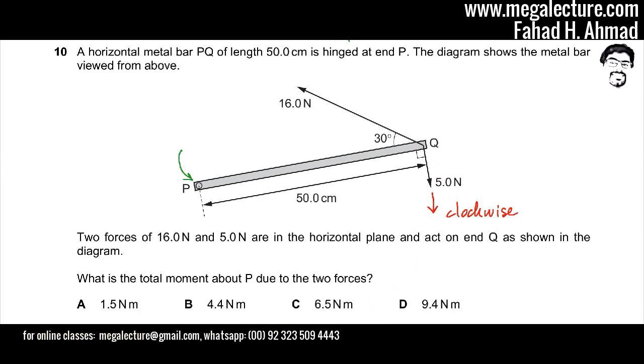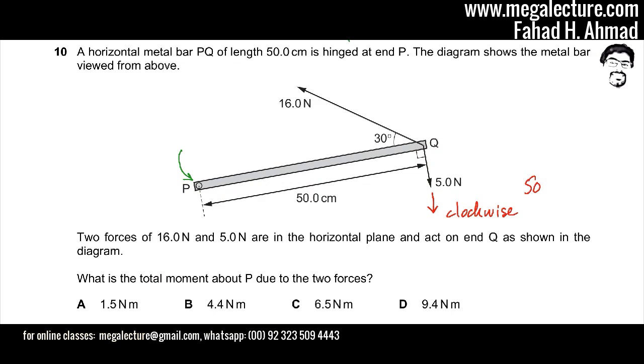And the moment is going to be the perpendicular force times the perpendicular distance from the force. It's going to be 5 Newton force into 50 centimeters, and 50 centimeters should be converted because, as you can see, all the moments in your answers are given in Newton meters.